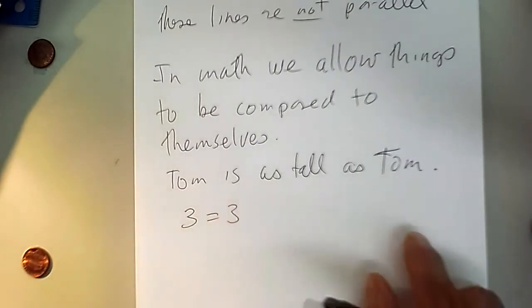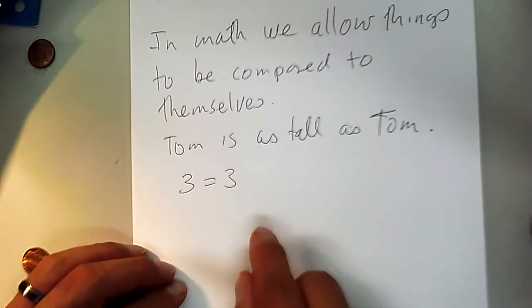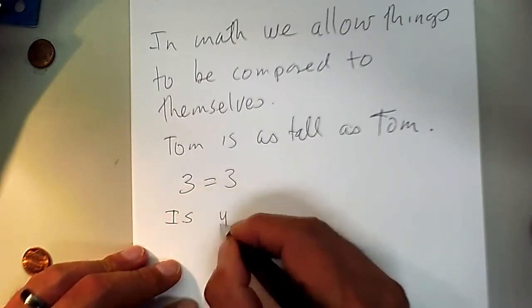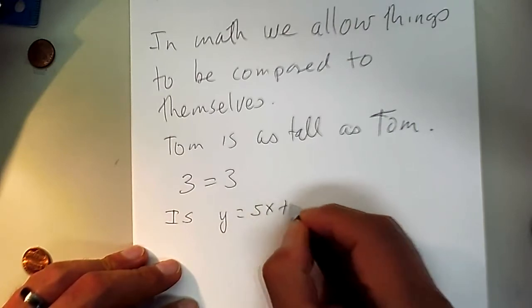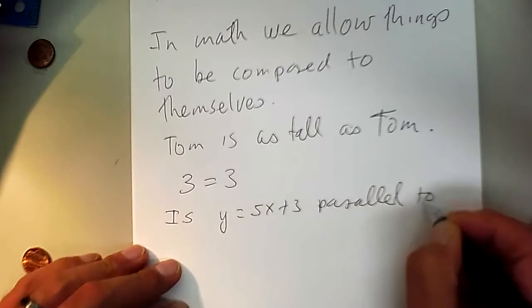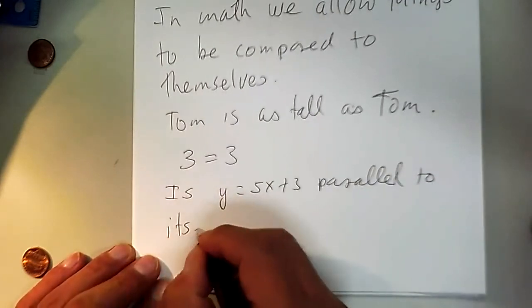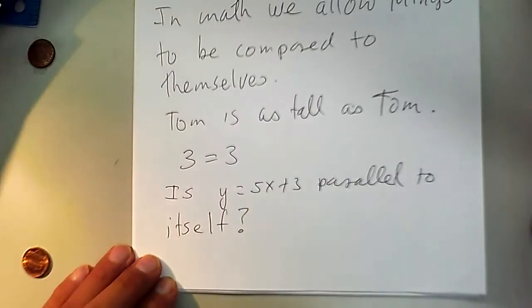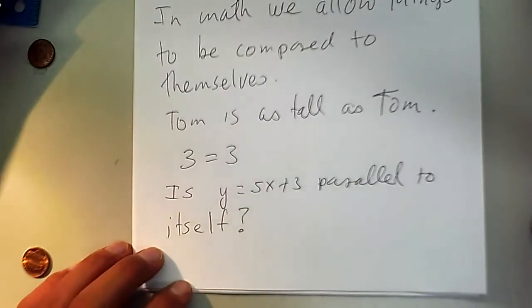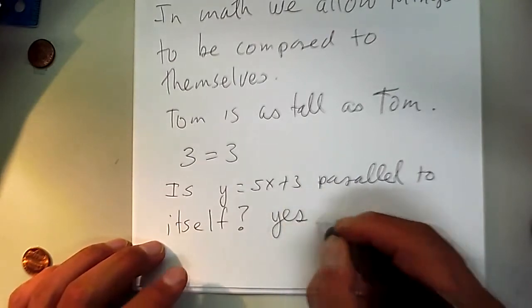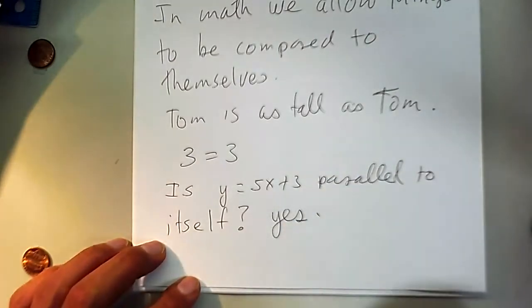So the reason why I'm bringing that up is because in math, it's okay to ask this question: is y equals 5x plus 3 parallel to itself? Which is something that we wouldn't dare to ask in an everyday conversation. And the answer is yes, it is parallel to itself.